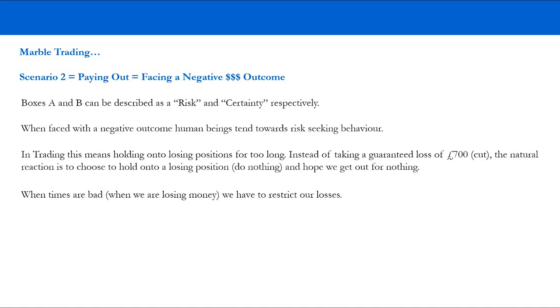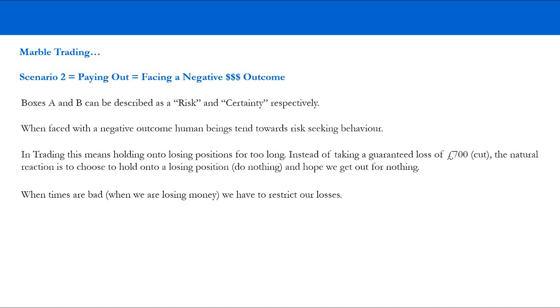And in trading and portfolio management, in the scenario when you're paying out and facing the negative outcome, this means holding on to losing positions for too long. So instead of taking a guaranteed loss of £700, as in cutting the position, the natural reaction or instinct is to hold on to the losing position or do nothing and hope that you get out of the position for nothing.